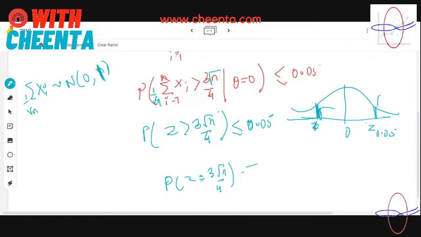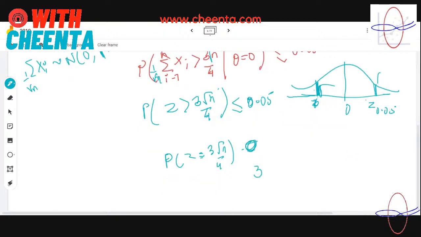So this is 1.65. So this means 3 by root n is around 1.65. So you get that root n is greater than or equal to around 2.2, and n is greater than or equal to around 4.84. So the minimum sample size you need is 5.